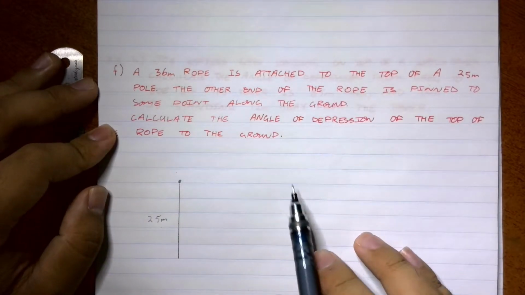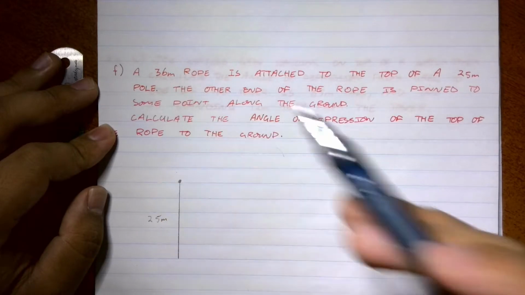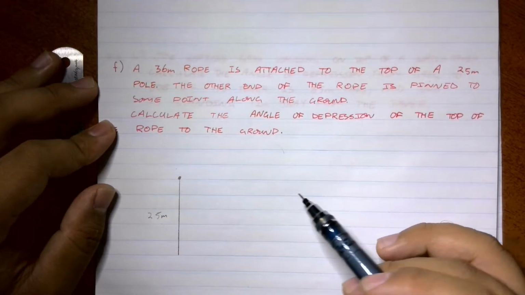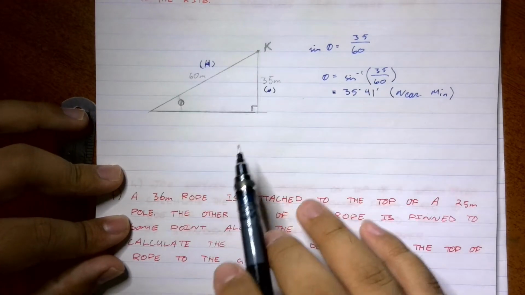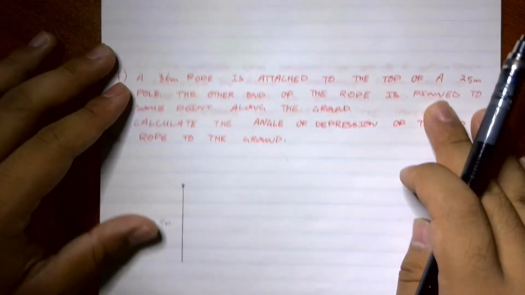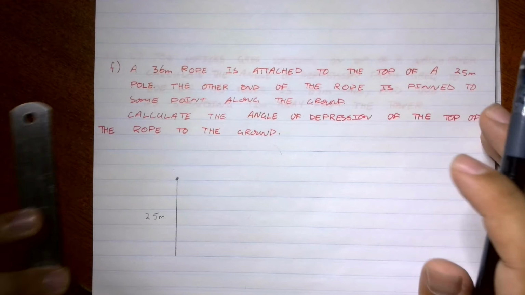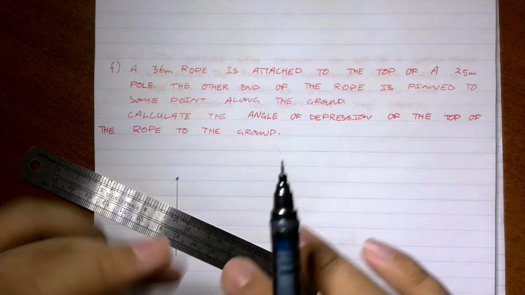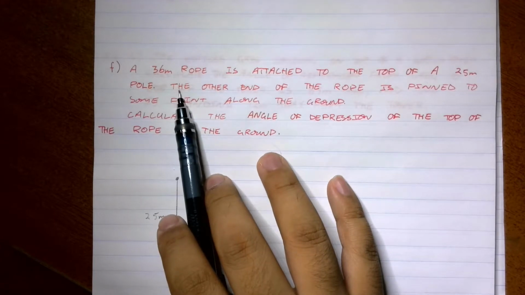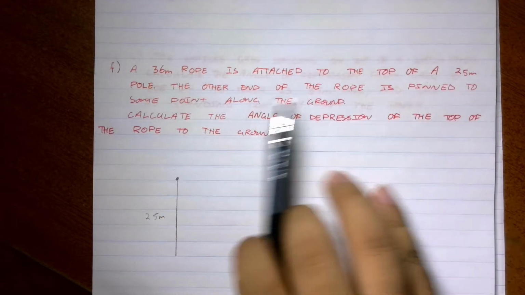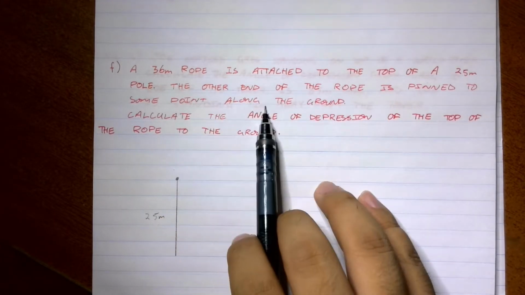Okay, and the rope is 36 meters. Well, kind of like the previous video where the string is fully stretched out, I presume that this rope is also as stretched out as possible. Okay, so the other end of the rope is pinned to some point along the ground.